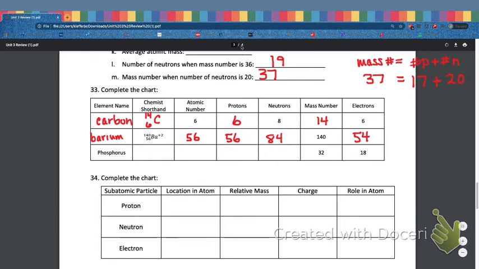All right, so phosphorus. We're going to look up phosphorus on our periodic table. It's atomic number 15. That means it's got 15 protons. My mass number is 32. And so to find my neutrons, I'm going to take 32 minus 15. So I get 17.